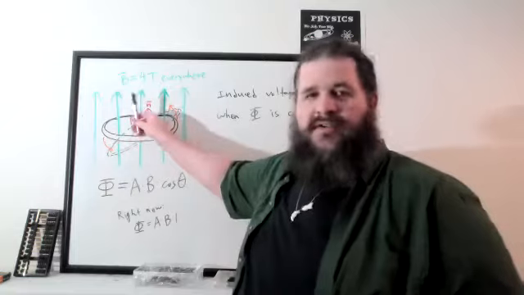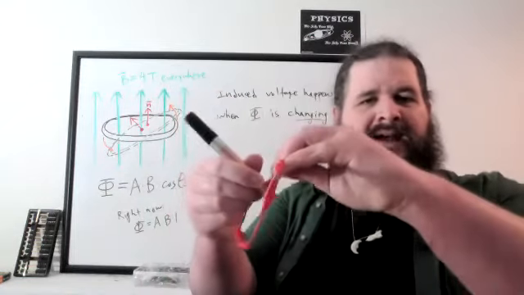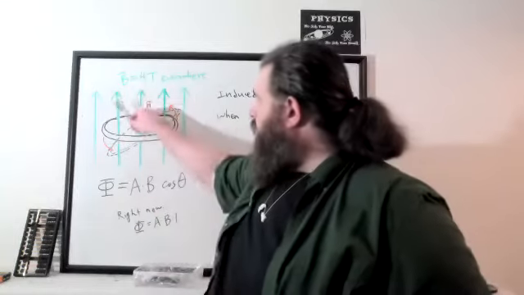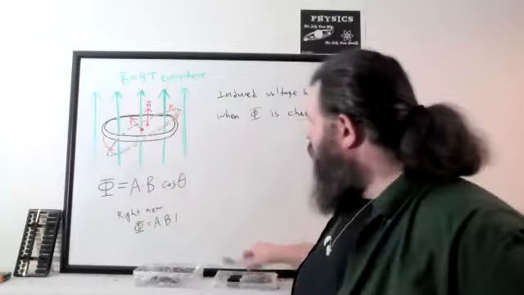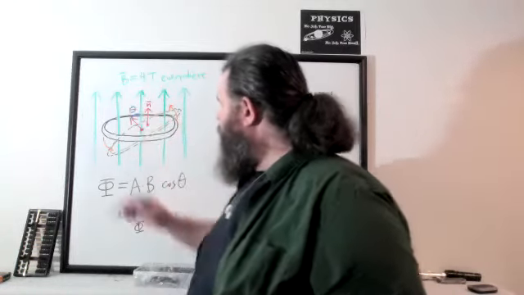And now that the normal vector is pointing this way, we take our loop of wire with the normal vector and we tilt it. The normal vector is now pointing this way. And now there's a non-zero angle. There's now this angle, theta.